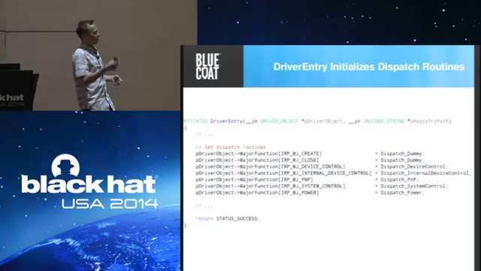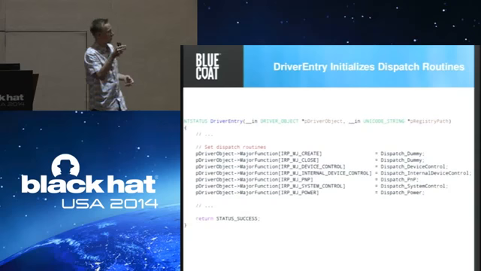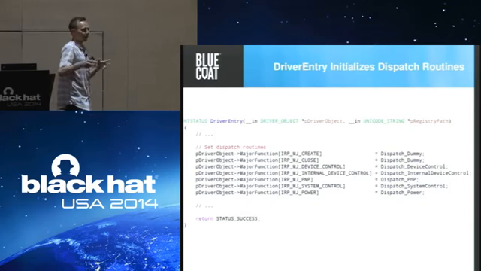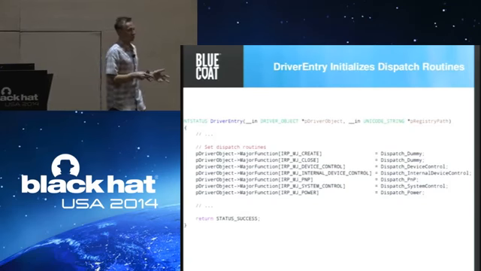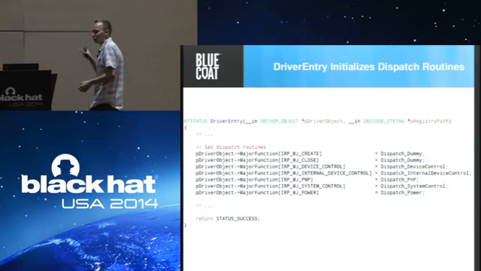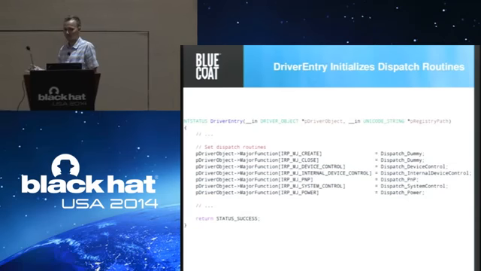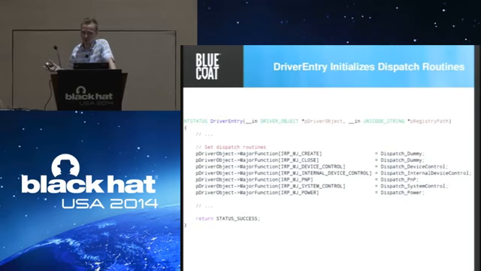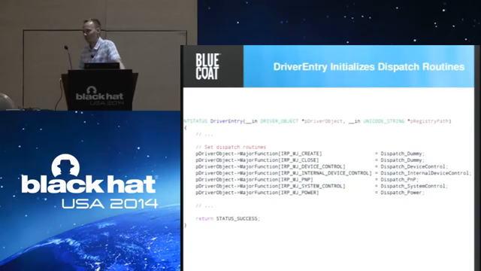And a very typical thing is that the kernel will pass it a pointer to its driver object, and then it's up to the driver itself to register the dispatch routines for all of the various IRP types that it supports. So obviously the driver entry is an exported routine, but the dispatch routines are not. These are non-exported internal routines within the disk image.